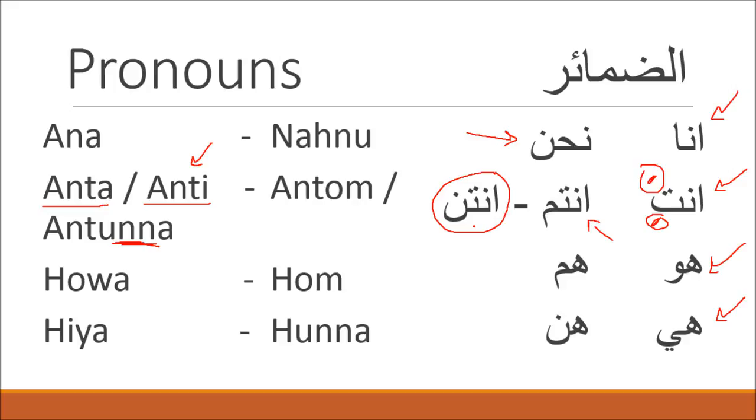But as I told you, I never used this before, and a lot of people never use this. Because if you would like to respect a group of people, you can simply say antum, and antum works for male and for female. So antum is you all, hum is they all, and also works for male and female. So you can say they play, for example. In Arabic, they play is hum yal'abun.